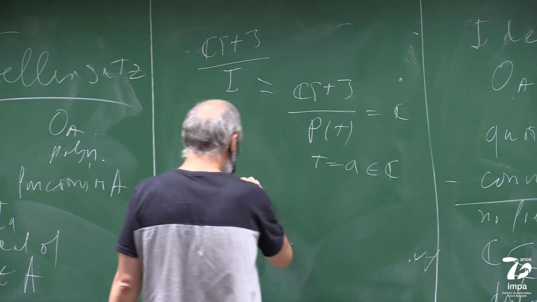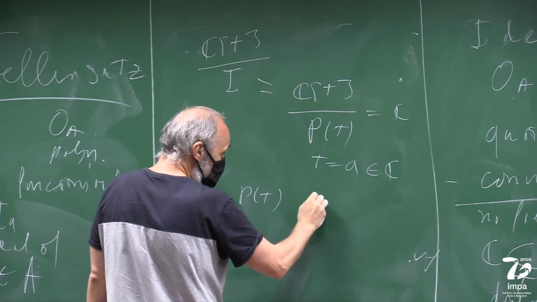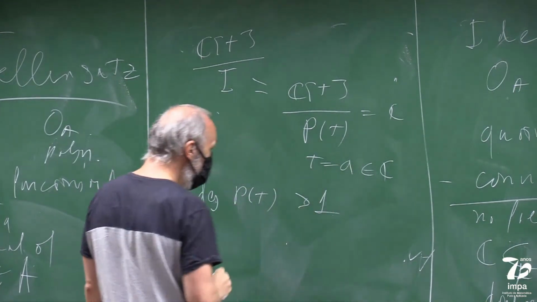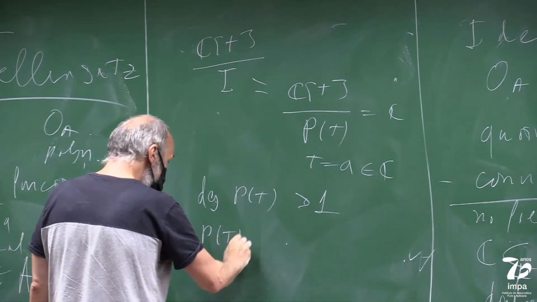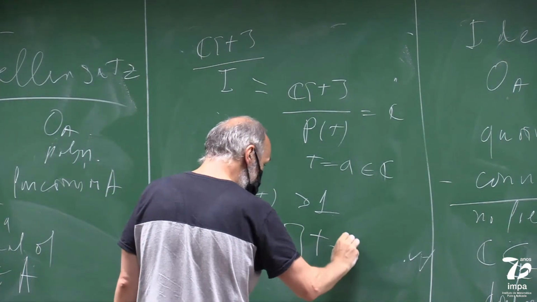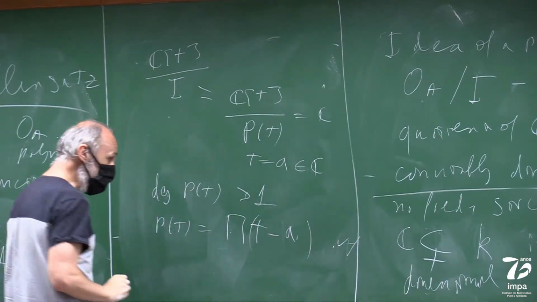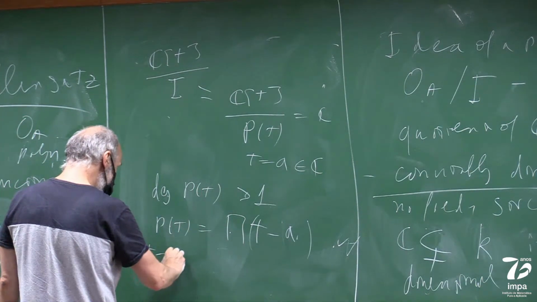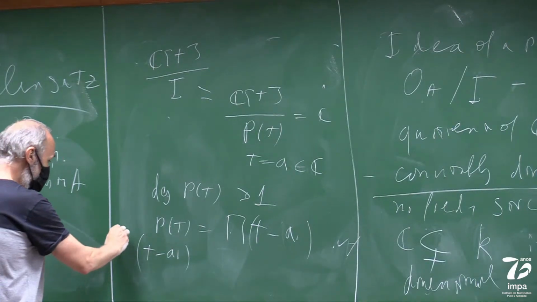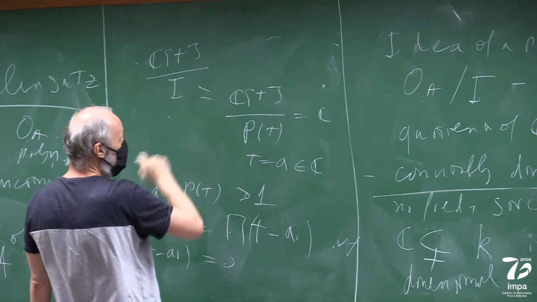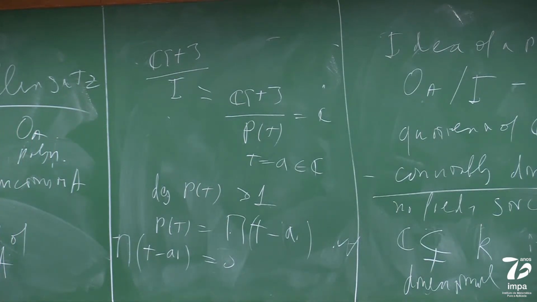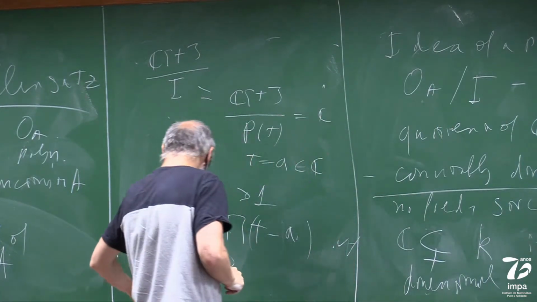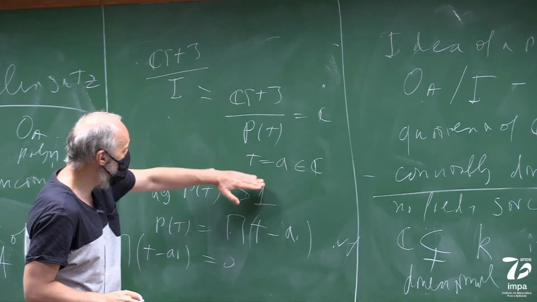Indeed, suppose that p(t) has degree bigger than 1. Then it's a product, p(t) equals the product of (t minus a_i), where the a_i are roots of p. Their product is 0 in this quotient ring, and then there are zero divisors, unless one of them is 0, in which case we have this.